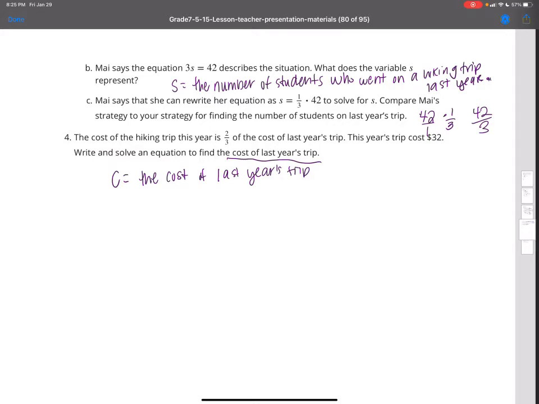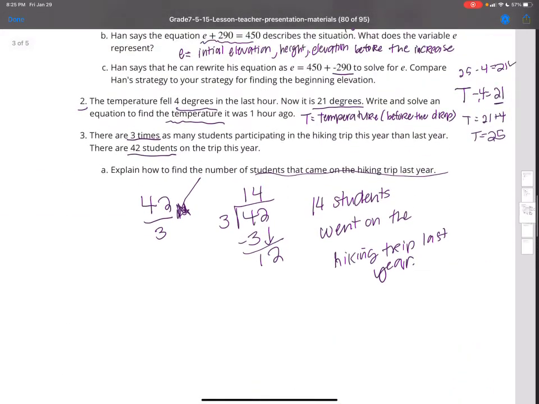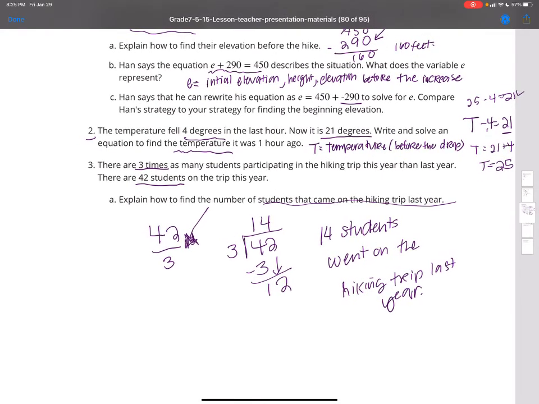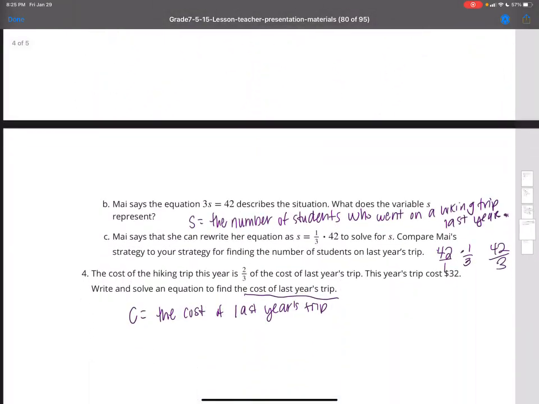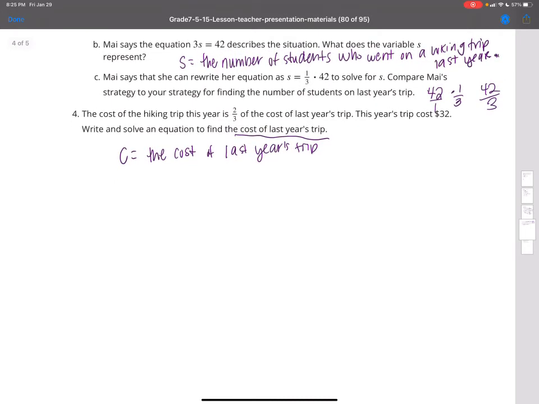Now, when we were doing question 1 and 2, I didn't go into full details of how I knew to put 21 behind the equal sign. I'm going to explain that. I was once told that all totals go behind the equal sign. So it said this year's trip cost $32.